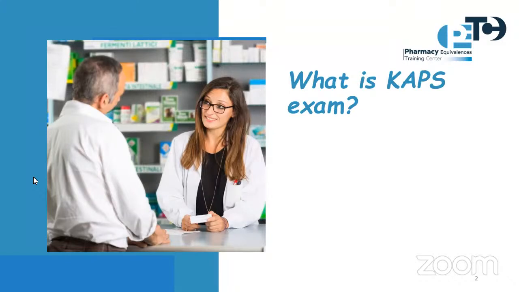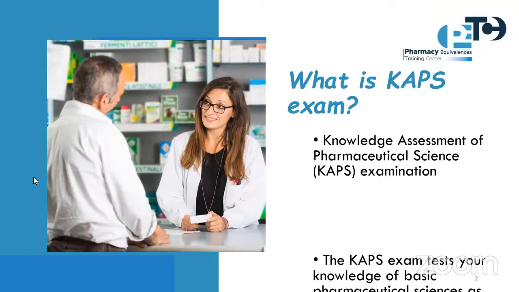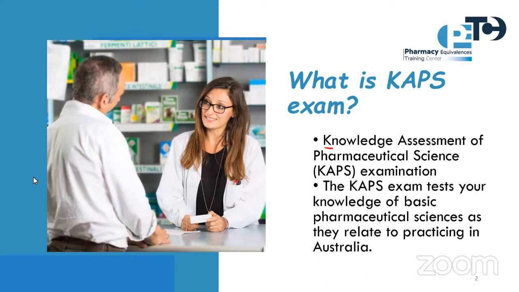The KAPS, this abbreviation, stands for Knowledge Assessment of Pharmaceutical Science. This means that it will ask about the basics of your knowledge, the basics that you studied previously in the university or the faculty of pharmacy. It is the knowledge of basic pharmaceutical sciences as they relate to practicing in Australia.